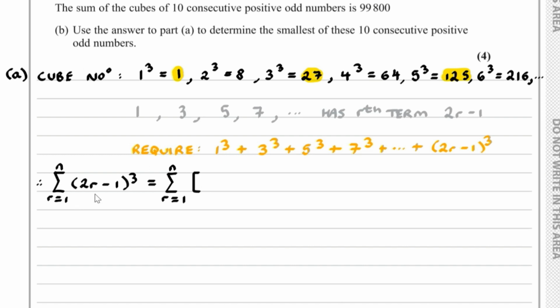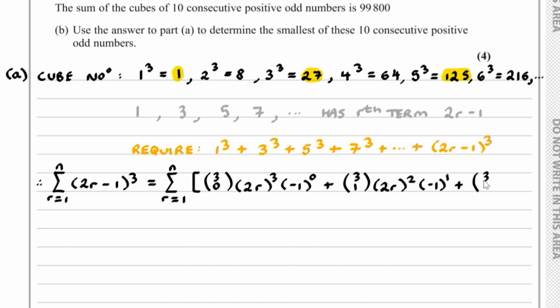if we use the binomial expansion, we have 3 choose 0, (2r) to the power of 3, (minus 1) to the 0, plus 3 choose 1, (2r) squared, (minus 1) to the 1, plus 3 choose 2.